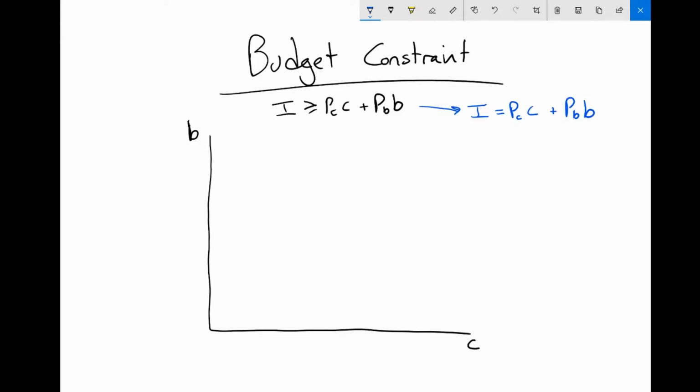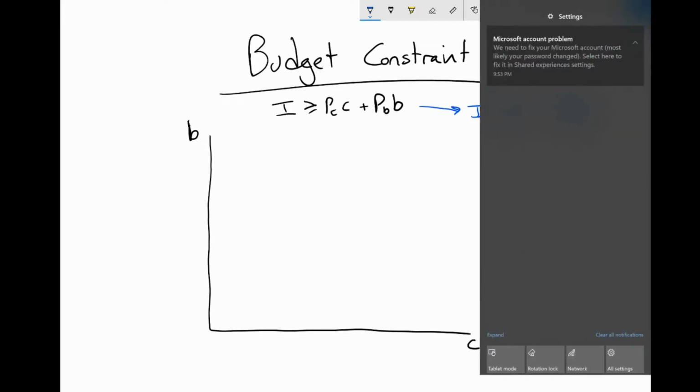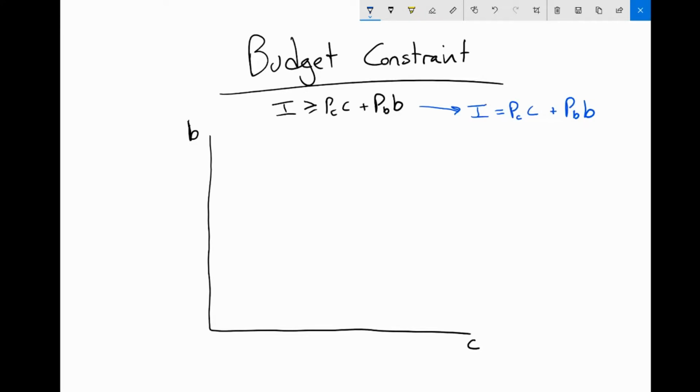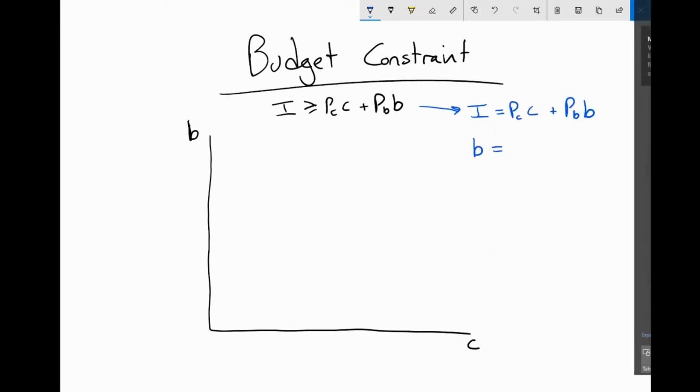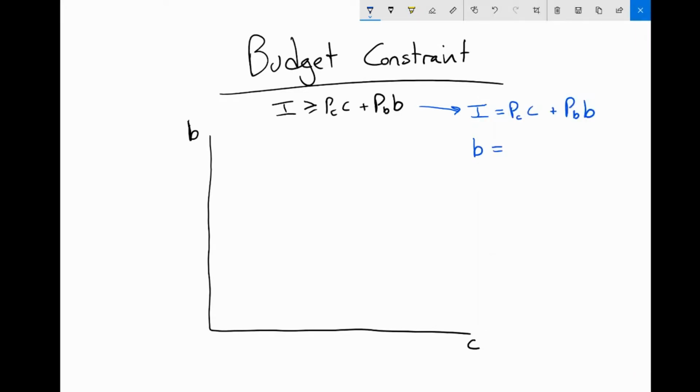Then, to put the budget constraint onto this graph, I need to solve this expression for B. So this would be I minus PC times C, divided by PB.